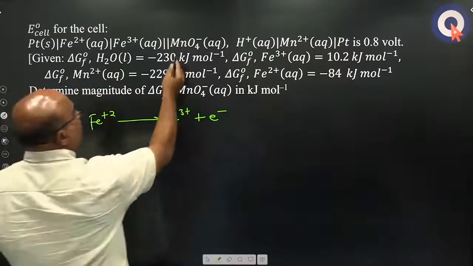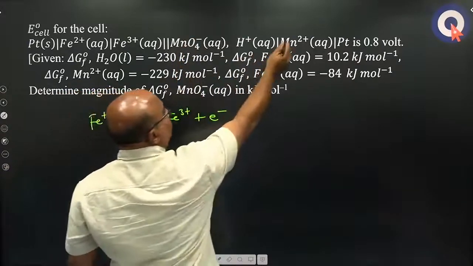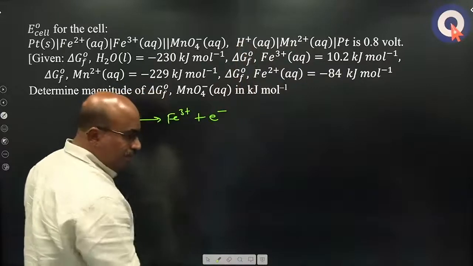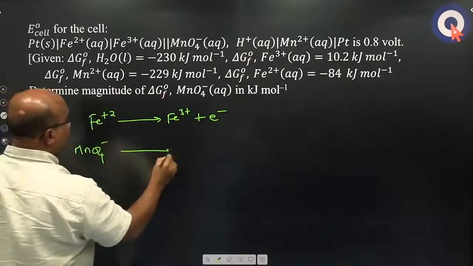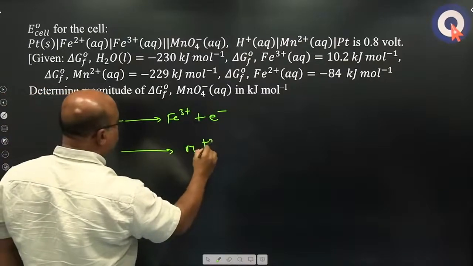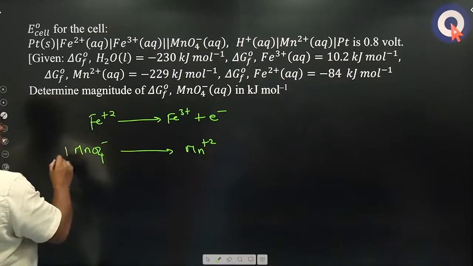What will be at the cathode? It is the conversion of permanganate ion into Mn+2 in the acidified condition. So MnO4- is converted into Mn+2. We just add 5 electrons because the change in oxidation state is 5.